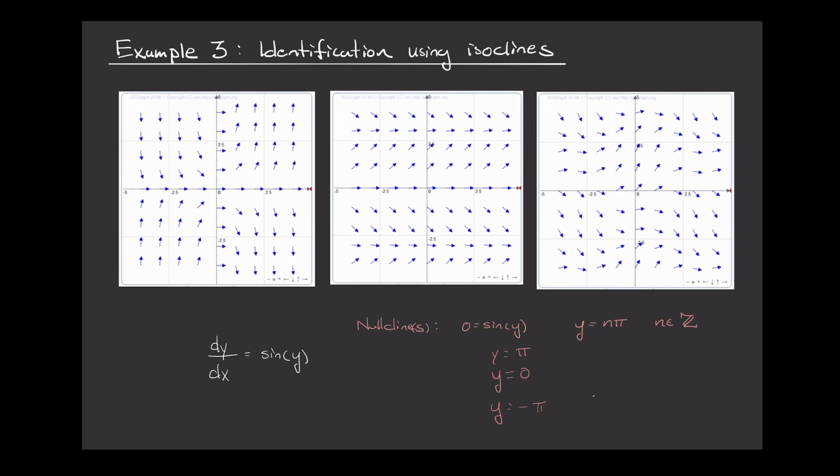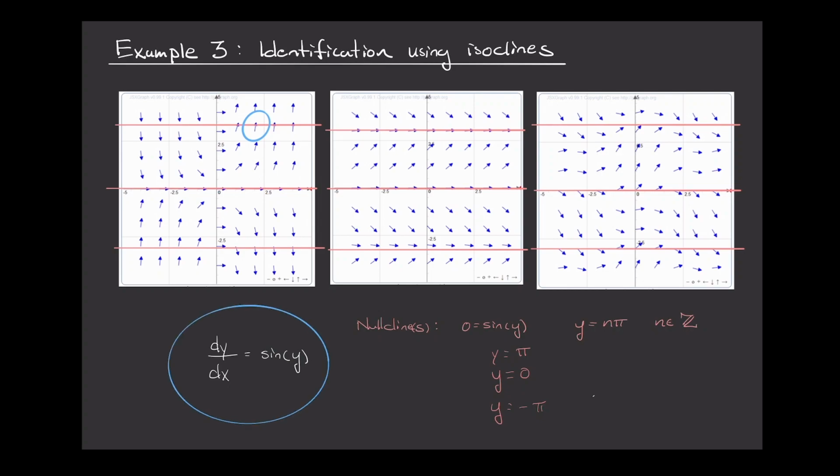If we overlay these three isoclines, we can draw them as horizontal lines because that's where the slopes will be 0. Now we can see for the slope field on the left, at this point, the slope should be 0 if it's going to correspond to this differential equation. However, it's positive in the slope field. That means it can't correspond to this differential equation.